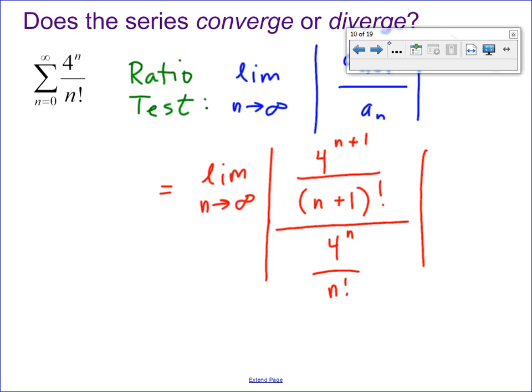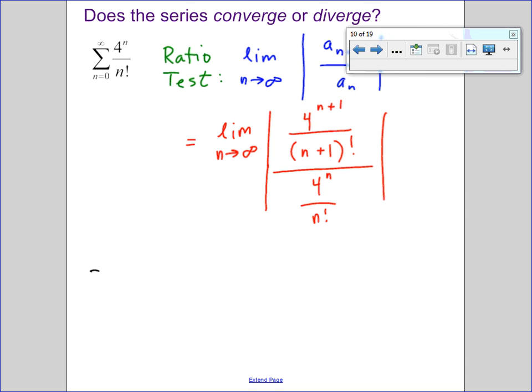Now, this will probably be the last time that I write it as a sub n plus 1 all over a sub n, because the ratio test is oftentimes going to involve fractions. When we divide by a fraction, it's the same as multiplying by the reciprocal. So this takes way too much space. I'm going to go ahead and rewrite this as the limit as n goes to infinity of the absolute value of 4 to the n plus 1 on top over n plus 1 factorial on the bottom.